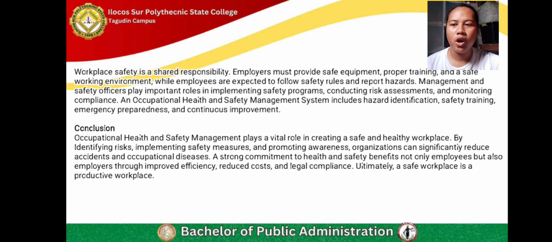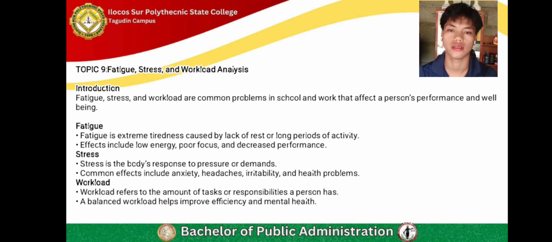In conclusion, occupational health and safety management ensures a safe and healthy workplace by identifying risks, applying preventive measures, and promoting safety awareness. It reduces accidents and diseases while improving efficiency, lowering costs, and ensuring legal compliance, benefiting both employees and employers. Ultimately, workplace safety supports productivity.